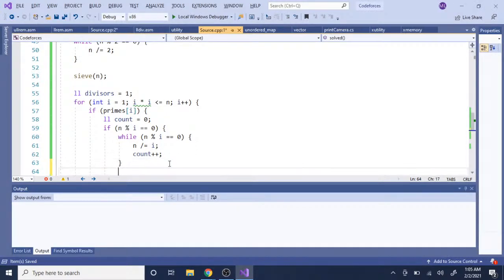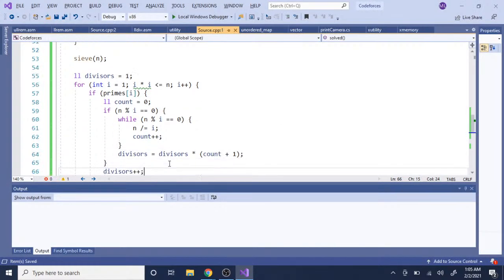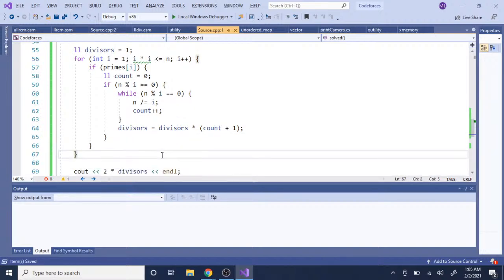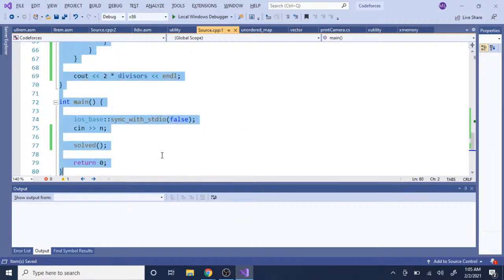Divisors times equals divisors times count plus 1. Okay, this is just more formulas. I don't even know if this works, but let's say this works.